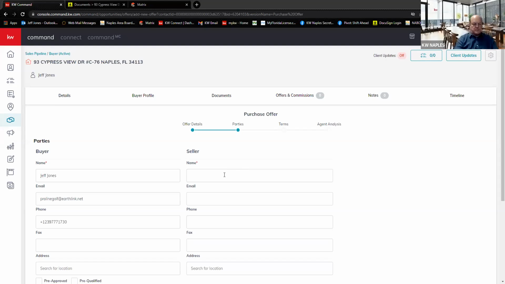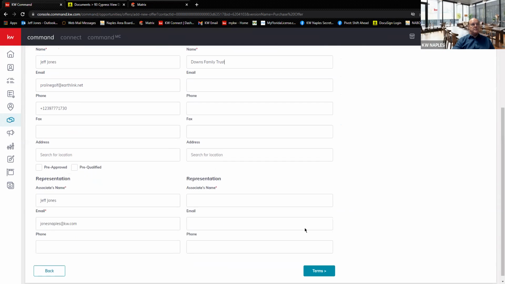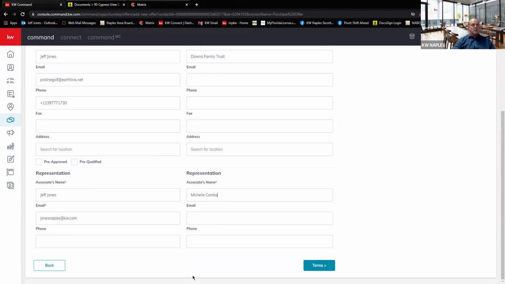And I know that this is the Downs Family Trust. I don't necessarily have to have all that information. I want to know who the associates are. And I have to put in anything with a red dot, it has to have something in there, right?